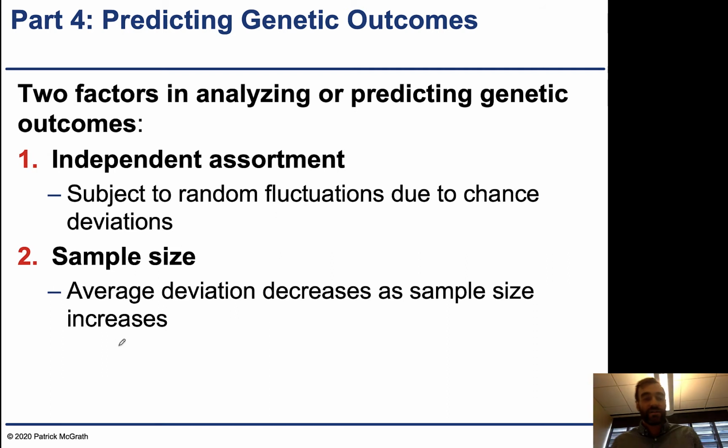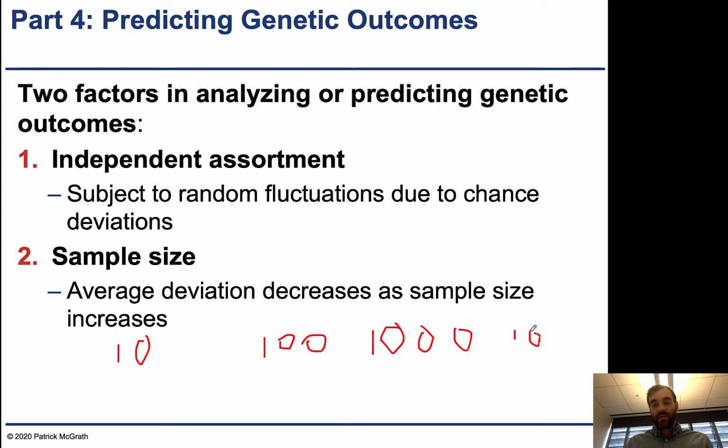So if Mendel did his experiment 10 times, 100 times, 1,000 times, or 10,000 times, the ratio should get closer and closer to 3 to 1.